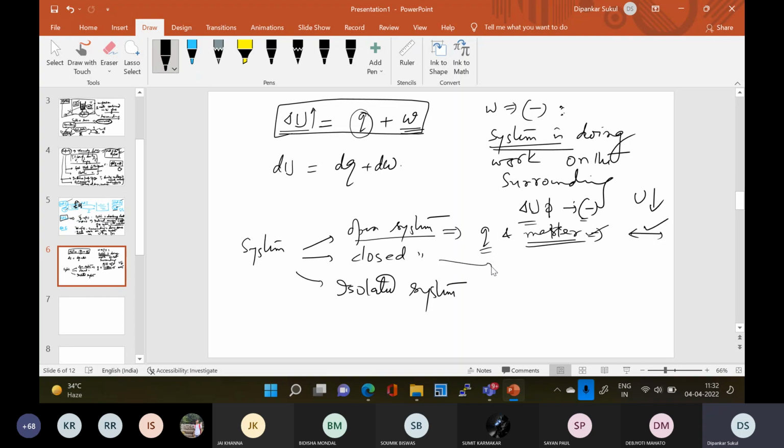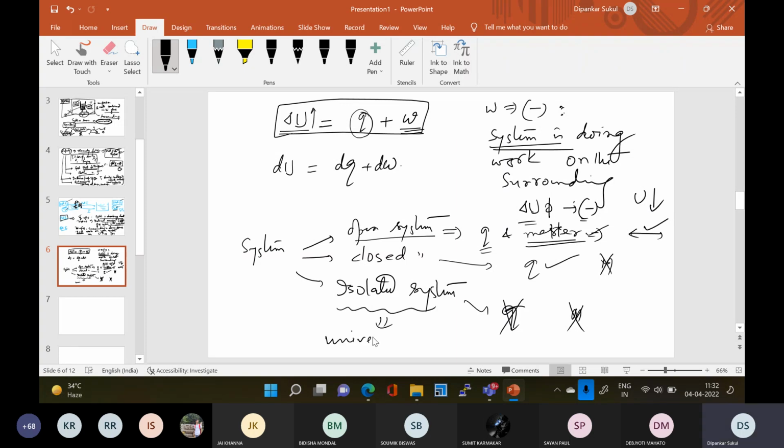For a closed system, heat can be exchanged, but matter cannot be exchanged between the system and the surrounding. That is the closed system. In an isolated system, neither heat nor matter can be exchanged between your system and the surrounding. For example, the universe.